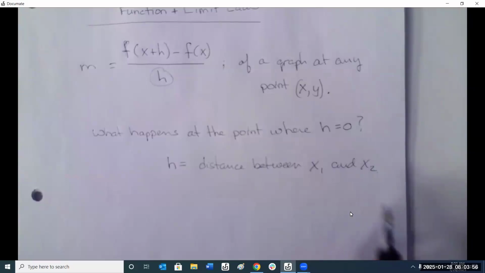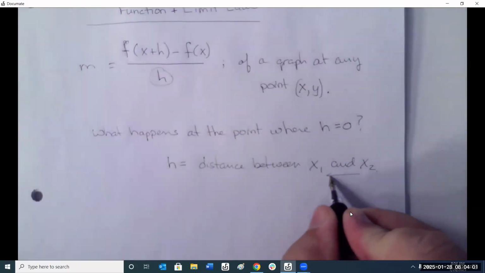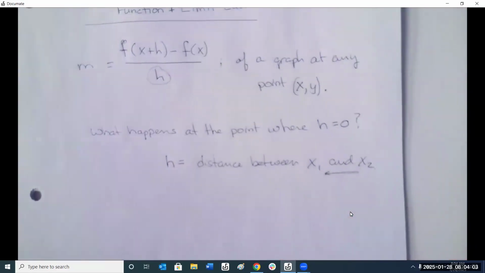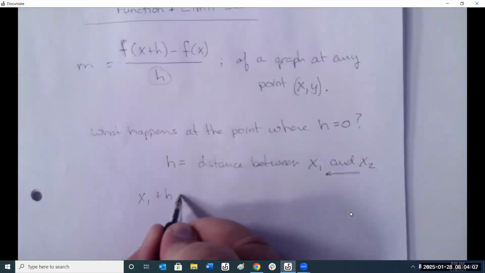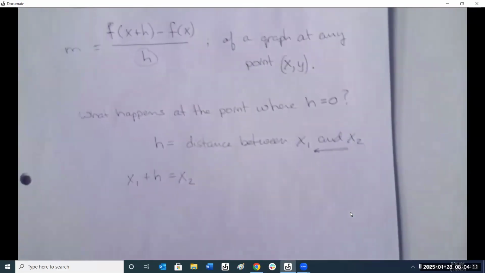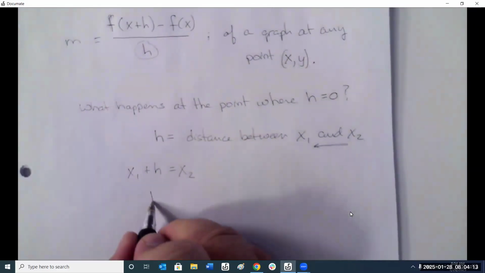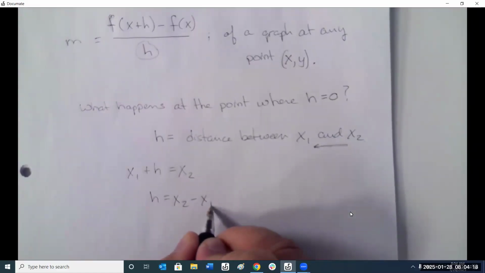So what we have to do, we have to get x2 as close to x1 as possible. So we know that x1 plus h will give us x2. So the formula for h is x2 minus x1.